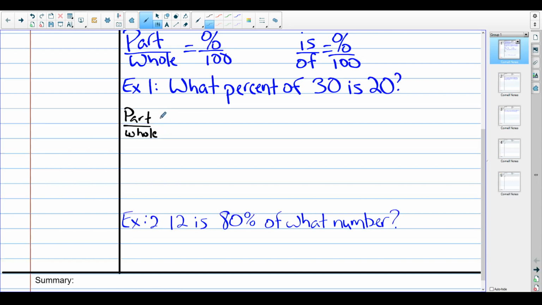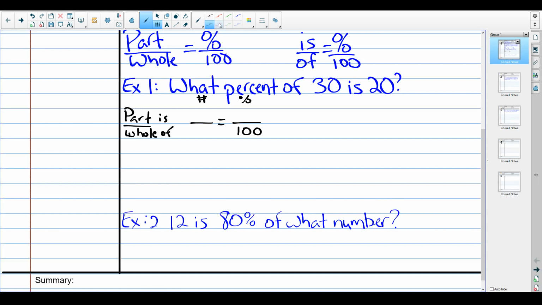Then we said look for is and of. We're always going to have numbers on one side, percents on the other, and the whole percent will always be 100. That's a given. You can always put it on the bottom right there.